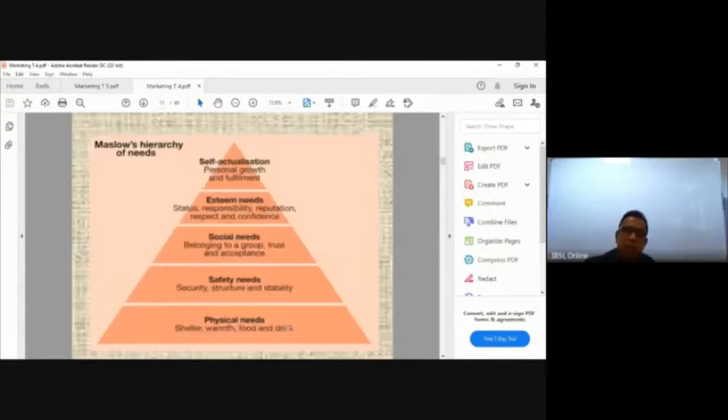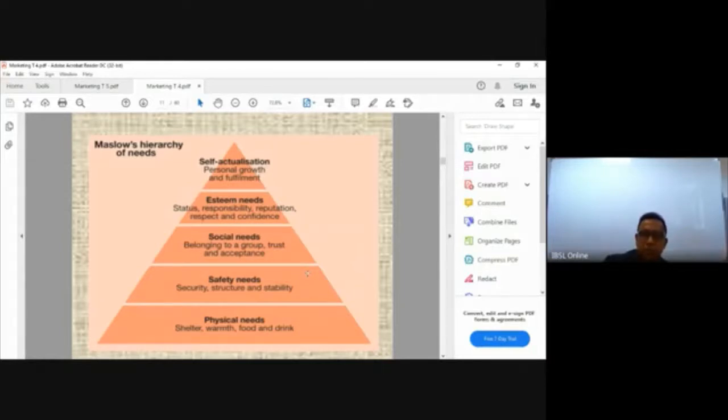Maslow's hierarchy theory is important for us because it is being used in organizations. How do we use it?